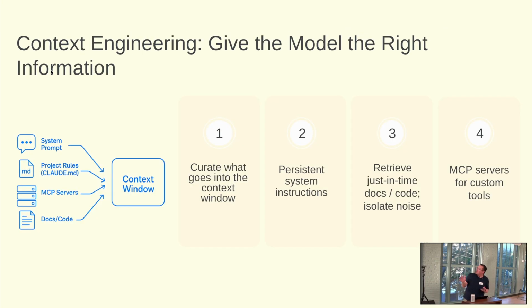So the new space we're in now is context engineering. We have MCP and all of these tools that we can provide to the model to get more accurate and useful responses. It's like we're building a scaffolding around the foundational model.